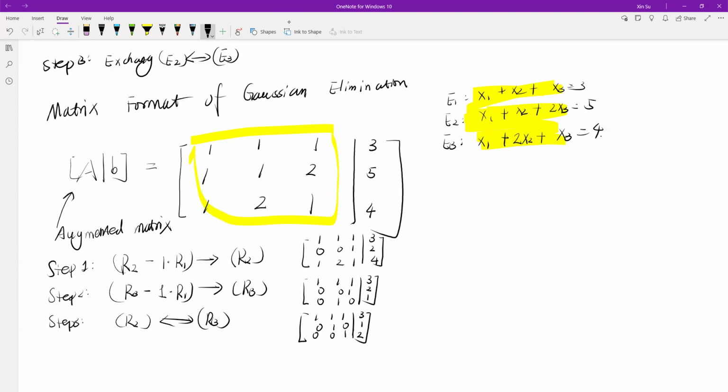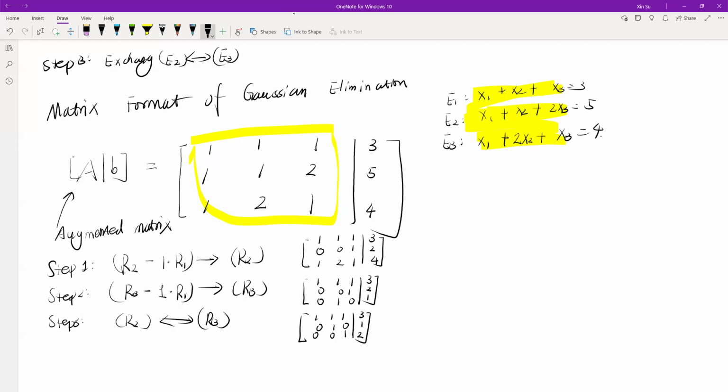And if you take a look at the matrix format, the thing is so simple and looks very compact. So we use the matrix format to do the Gaussian elimination.